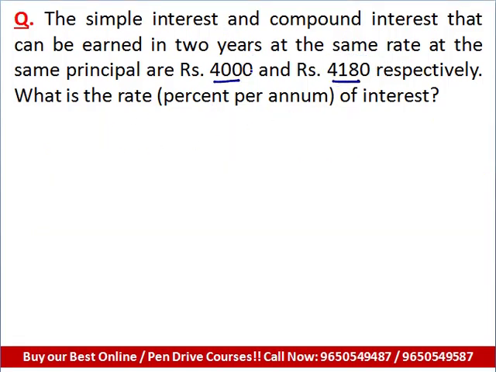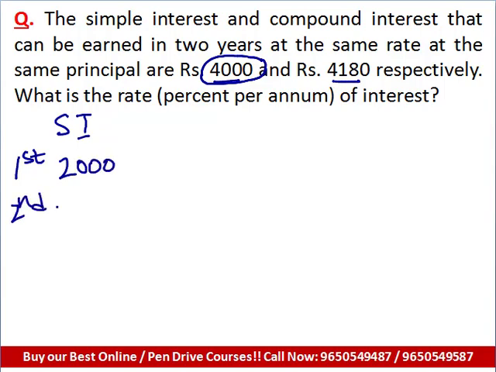I know that the simple interest for 2 years is 4,000 rupees. And just now I told you that the simple interest will remain the same for each year. That means in the first year, the simple interest was 2,000 rupees, and even in the second year, the interest was nothing but 2,000. That is how in 2 years, you earned a total simple interest of 4,000 rupees.